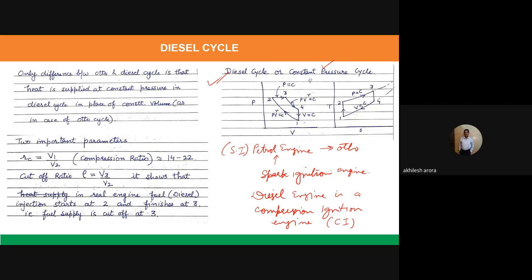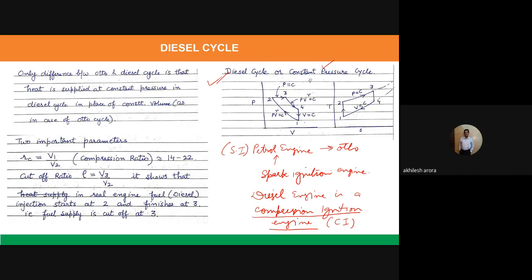SI stands for spark ignition and CI stands for compression ignition engine. So I hope this part is clear. Why compression ignition? Because we are compressing the air to such a high pressure and temperature that as soon as we inject the fuel with the help of the nozzle into the combustion chamber, it immediately ignites, or the combustion starts. That is why a diesel engine is a compression ignition engine.